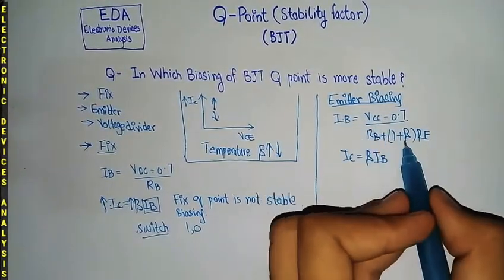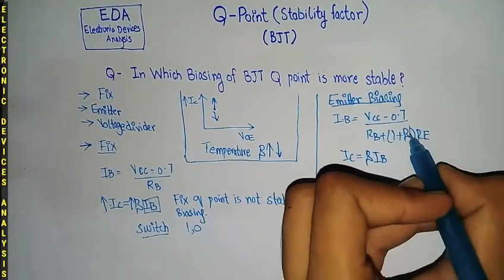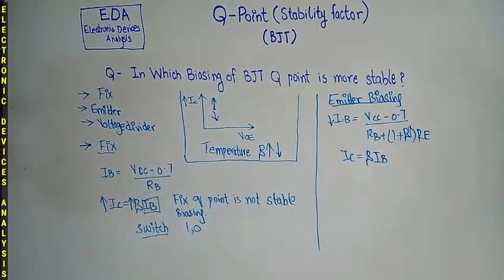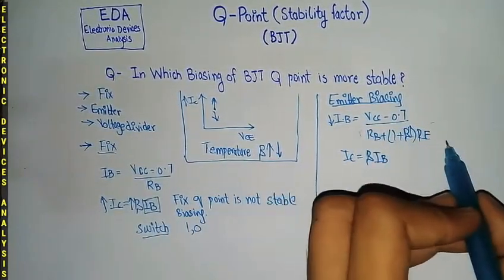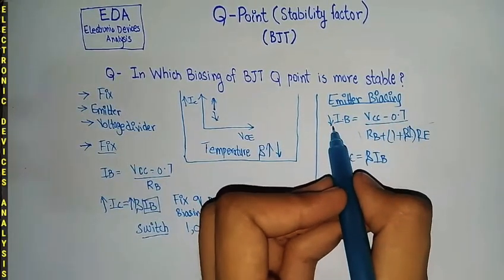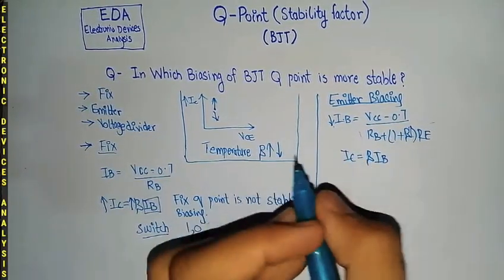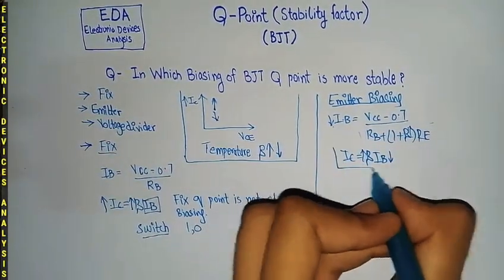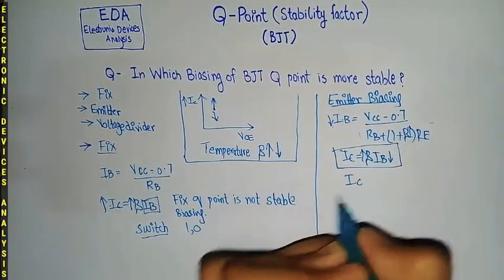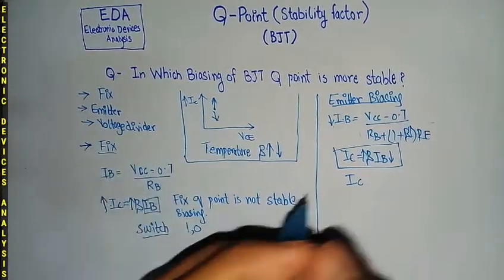Now IB will depend upon beta. If beta increases, IB will decrease because they are inversely proportional to each other. So if beta increases, the whole factor will increase and IB will decrease. So the whole product is constant. So therefore IC is more stable as compared to the fixed biasing condition.